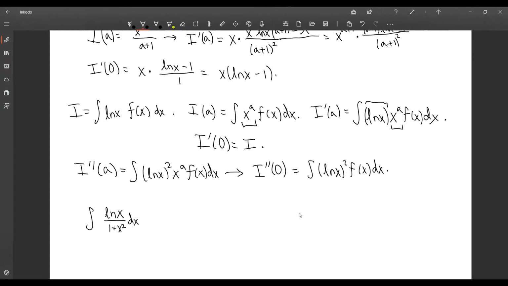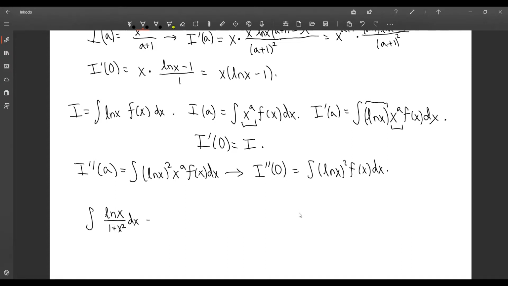Because you would differentiate this, you would integrate 1 over 1 plus x squared, and that would give you, let me think. So you'd have ln x arctan x minus, so you'd have to take an integral of arctan x over x. Is that? I don't know.